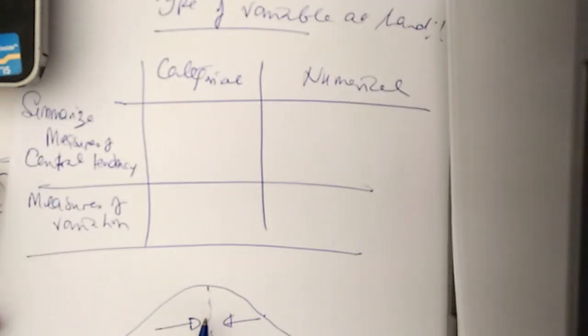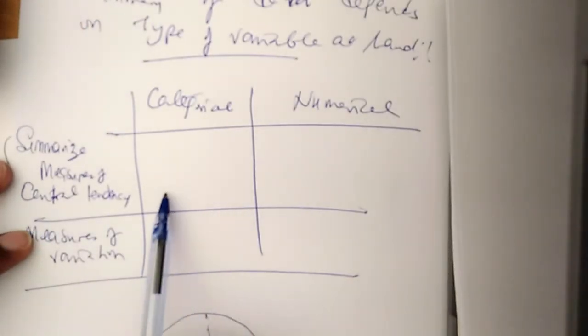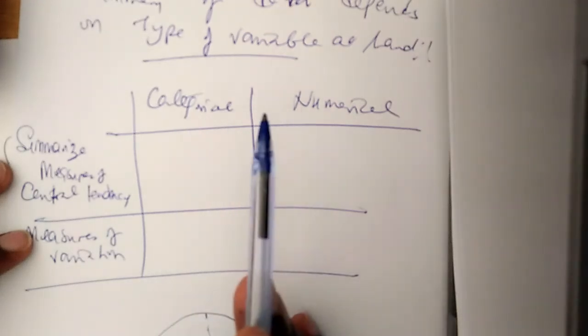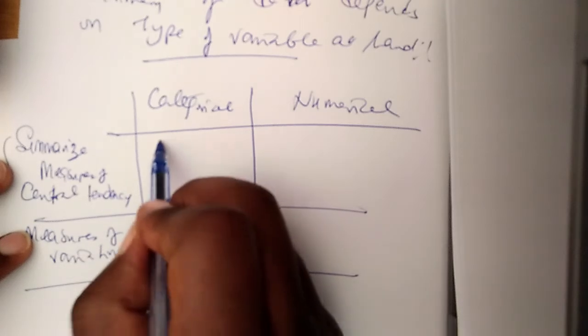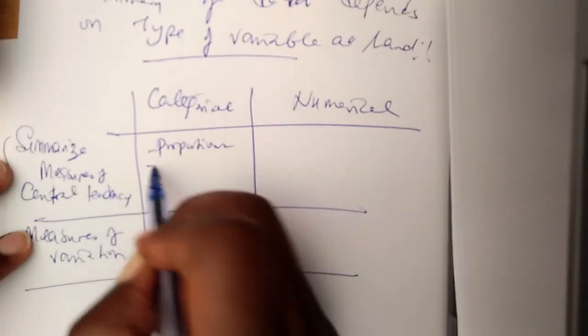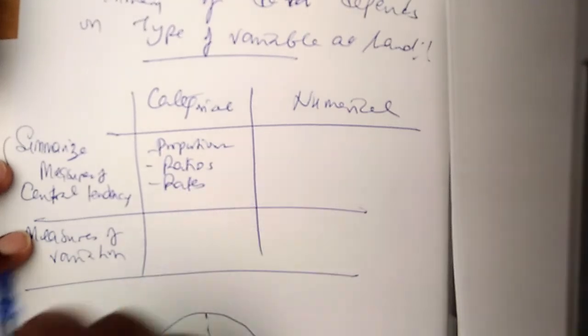If we go back to our 2 by 2 contingency table, if a variable is categorical, it also has a center, and the center is observed as perhaps proportions, ratios, rates.